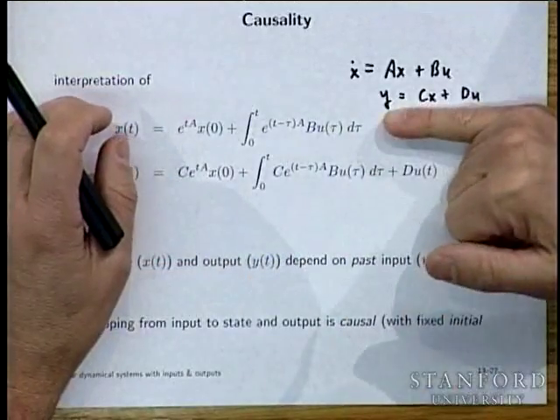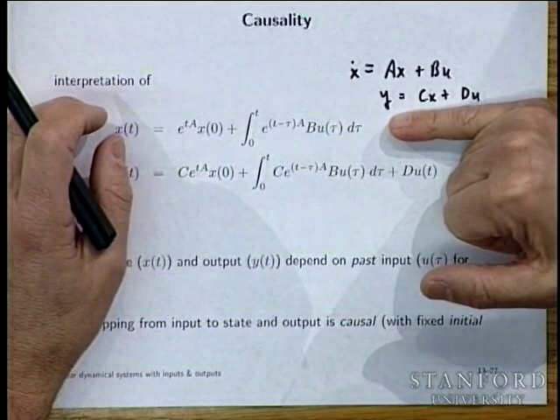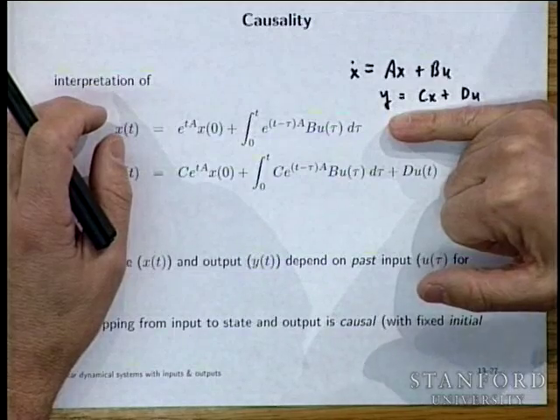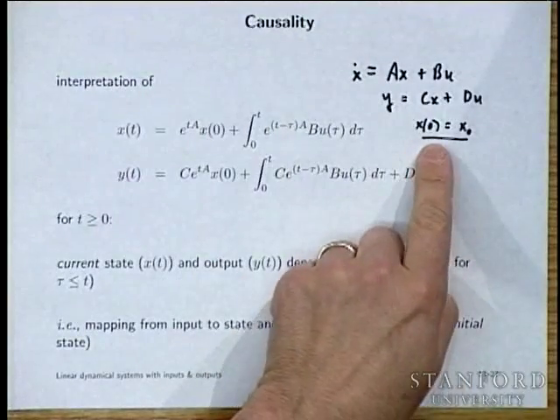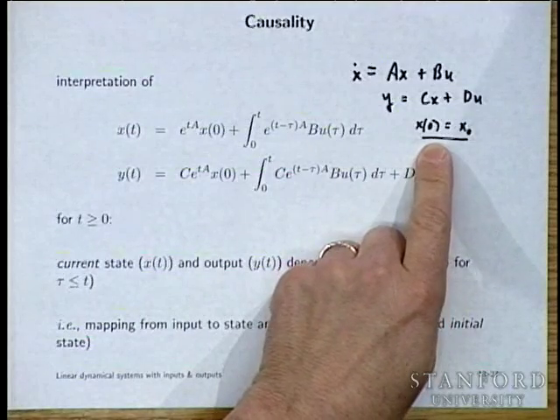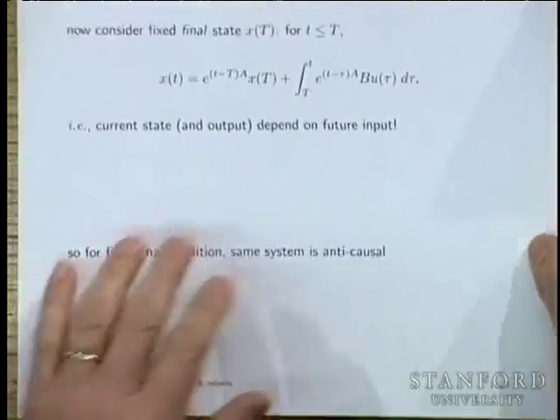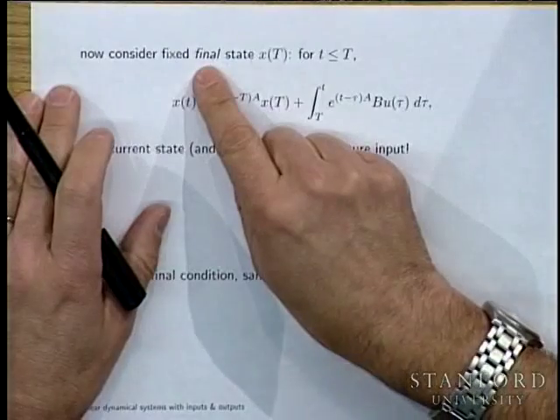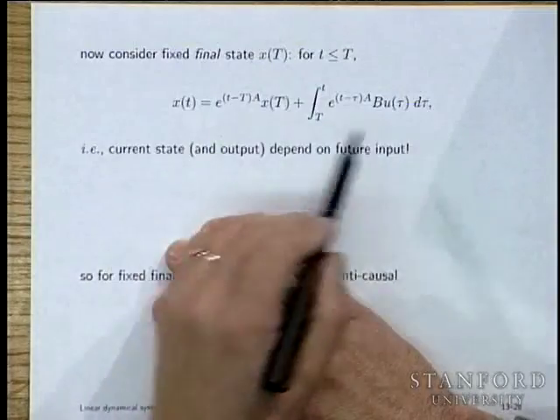So the asymmetry doesn't come from these equations. These equations are very happy. They run backwards in time. They run forwards in time. No problem. It's actually our considering an initial value problem. That's a problem in which the initial state is fixed, which makes it appear causal to us. For example, suppose you fix the final state, x of t. Well, then I can write another formula. It looks like this.